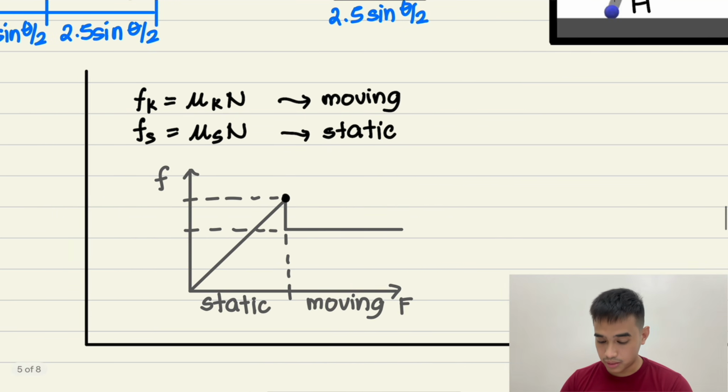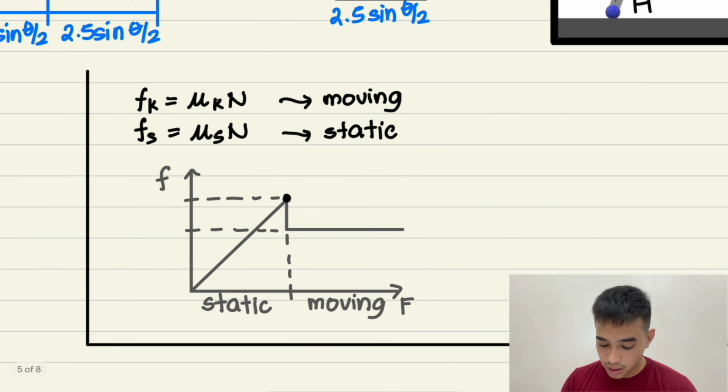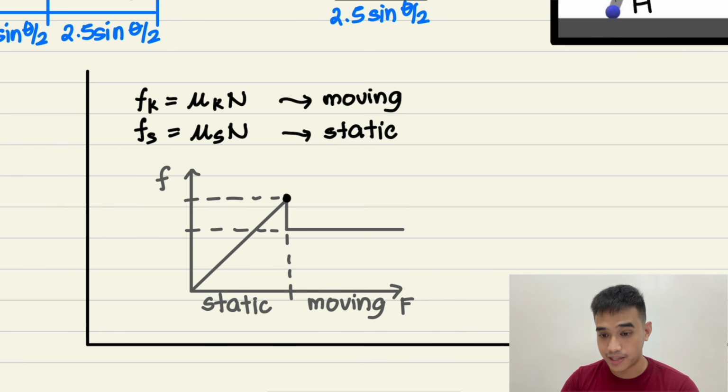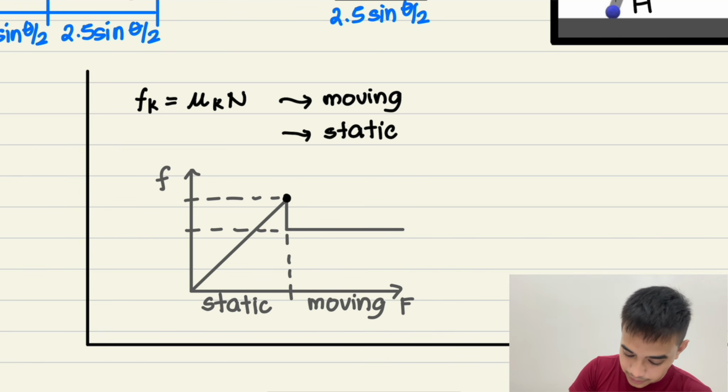We go back to a trickier part of friction, which is that most people think that when we're dealing with static friction, it's always equal to this equation. However, this equation right here, or this value, is not just any type of static friction. Rather, it is the maximum static friction.